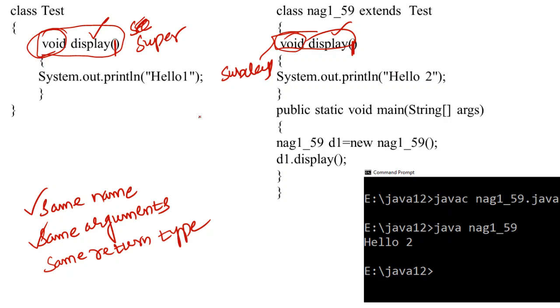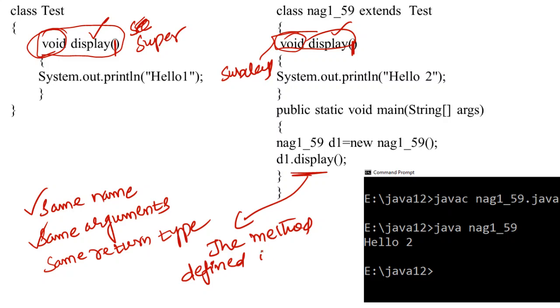Then when the display method is called, the method defined in the subclass is invoked, is executed, instead of the one in the superclass.